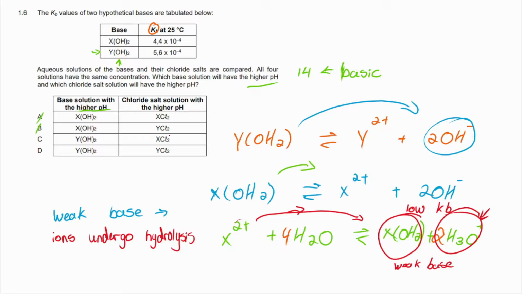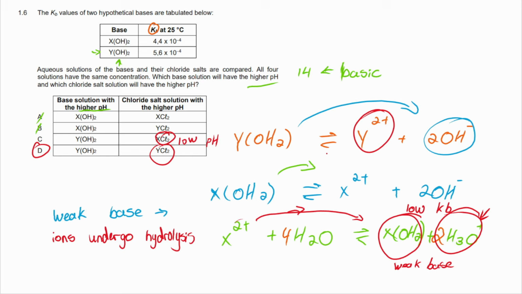So we know this is going to result in a low pH, whereas here these ions will give us a higher pH. So we have that for D. Again, I haven't shown the hydrolysis reaction for this salt, but it won't really take place.